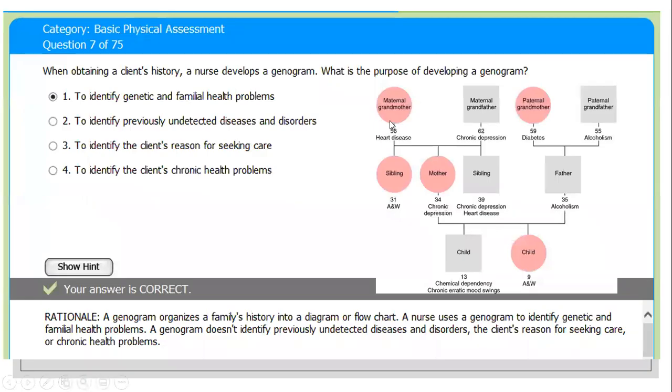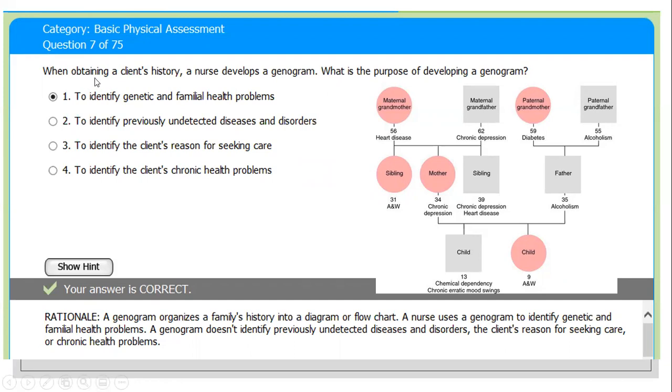Here we can see the maternal grandmother side, and here the paternal grandmother side, right? Here we see siblings, mother, siblings, and then this is united, one family, another family, father and mother, and they have 2 children. We analyze the genogram because of hereditary or familial disease, right?